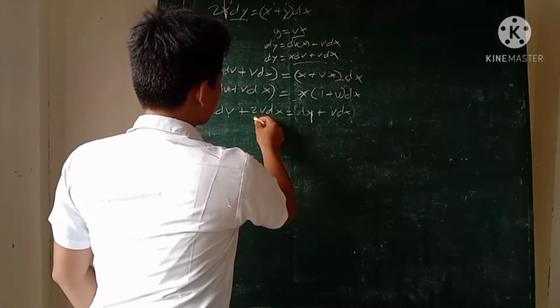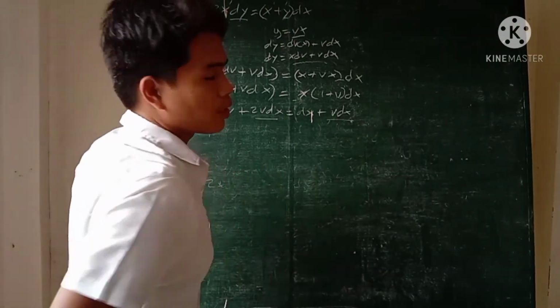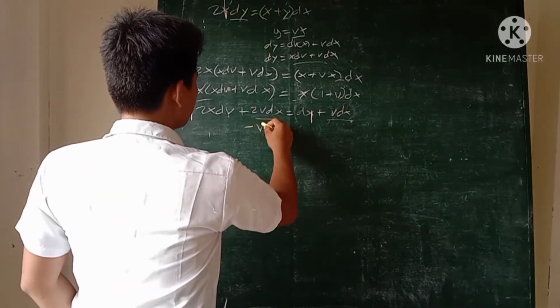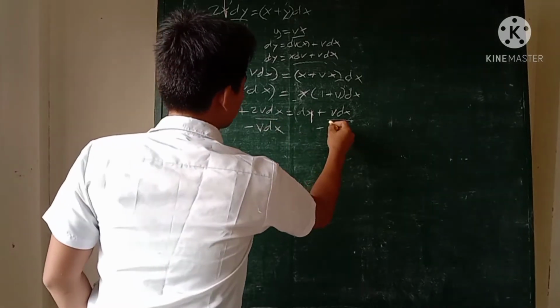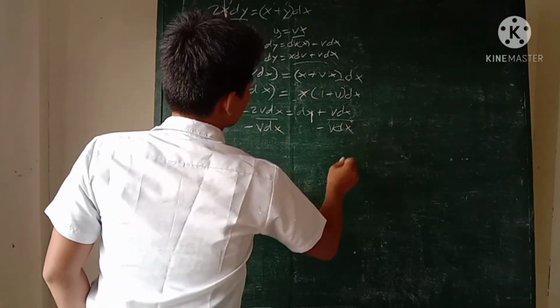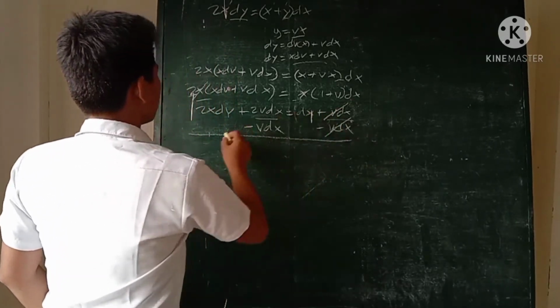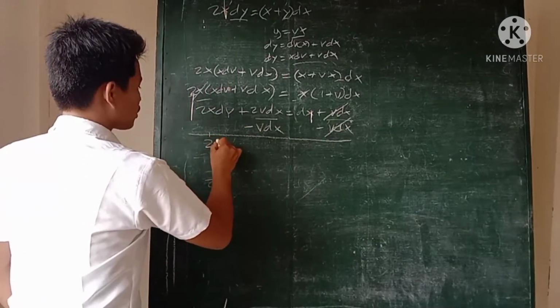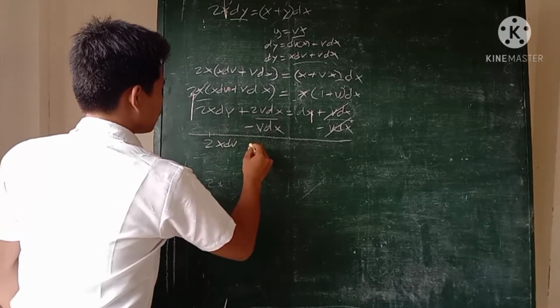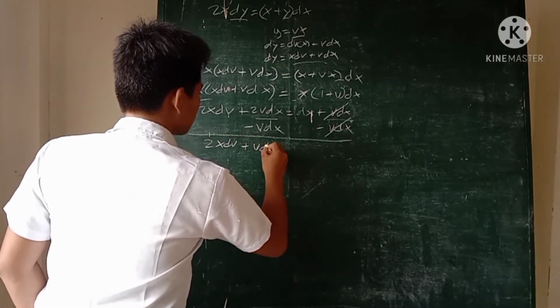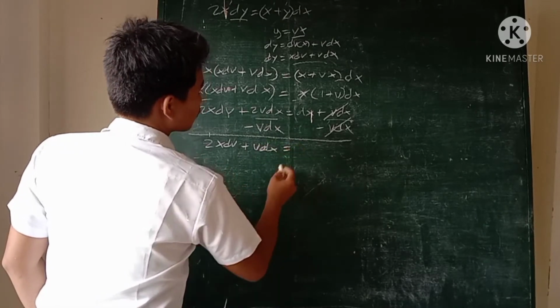Same variables, v dx and v dx. So we need to subtract by negative v dx, and cancel this one. Then the remaining is 2x dv plus v dx, v dx equals dx.